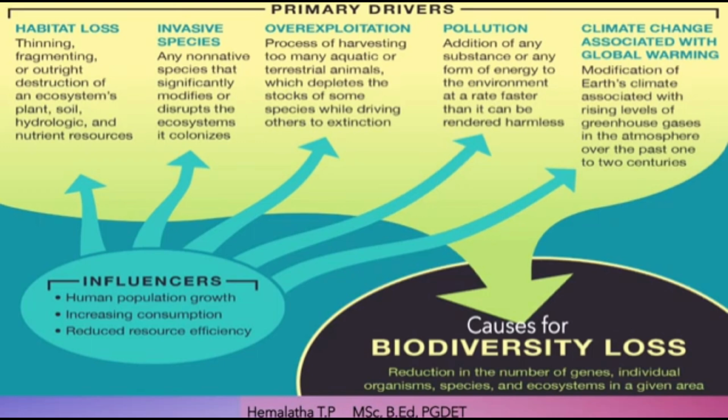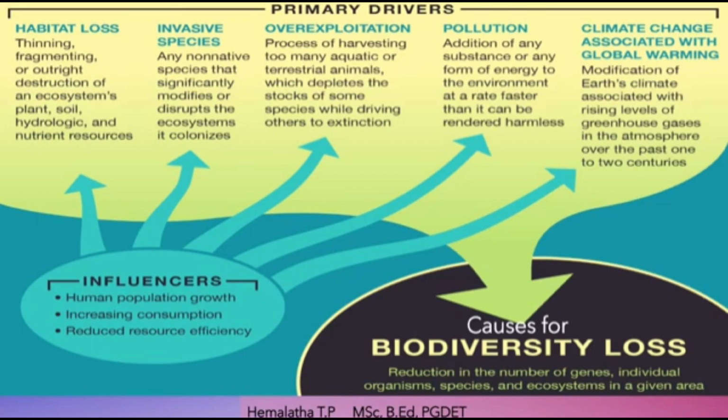Suppose the orchid plant dies, then the bee species will also come to an end because there is no nectar available. In the same way, if the bees get destroyed, the orchid plant will come to an end because there are no species for pollination. In such cases, coexistence also leads to biodiversity loss.